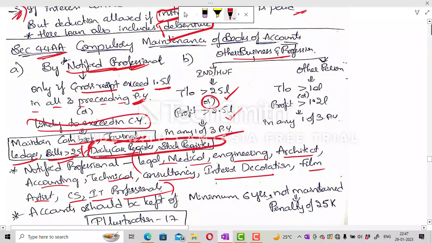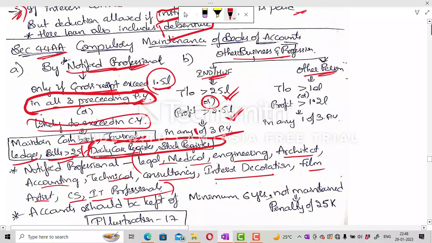And in any one of the 3 preceding previous years, they need to check turnover 25 lakhs, profit 2.5 lakhs. Here gross receipt is 1.5 lakhs.